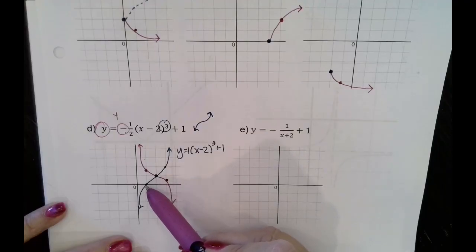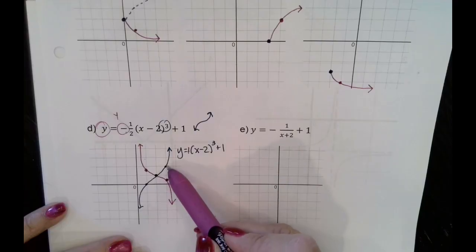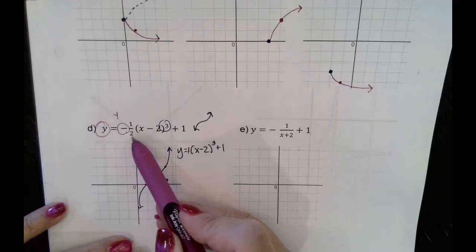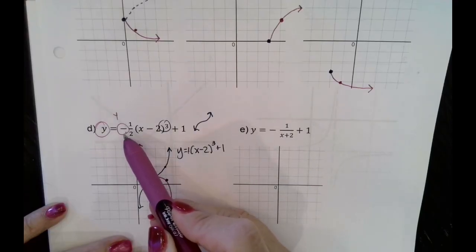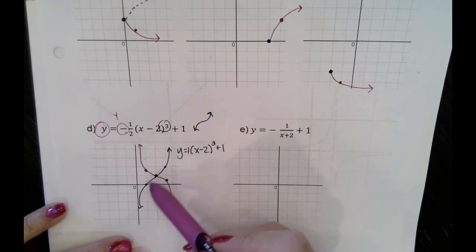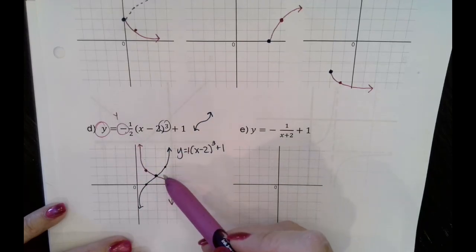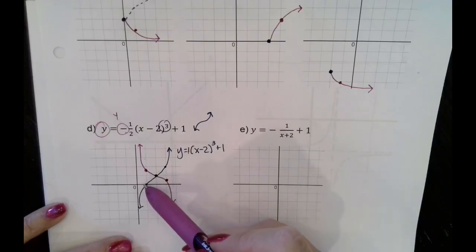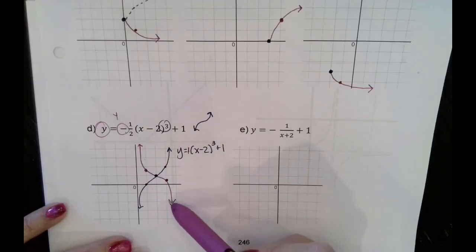So my parent function, it's linear. This is not linear because this is 1/2. And this tells me that the direction changes. So instead of opening this way, this value flips and this value flips. So that's why it's shaped this way.